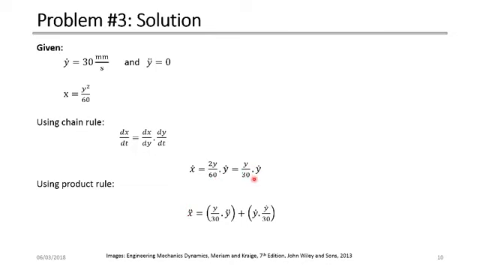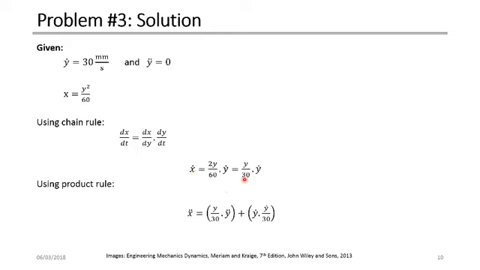But the problem is even more complicated because on the right-hand side, we have two variables. y is a variable and y dot is another variable. So we need to use the product rule. On the left-hand side, the derivative with respect to time is going to be x double dot.